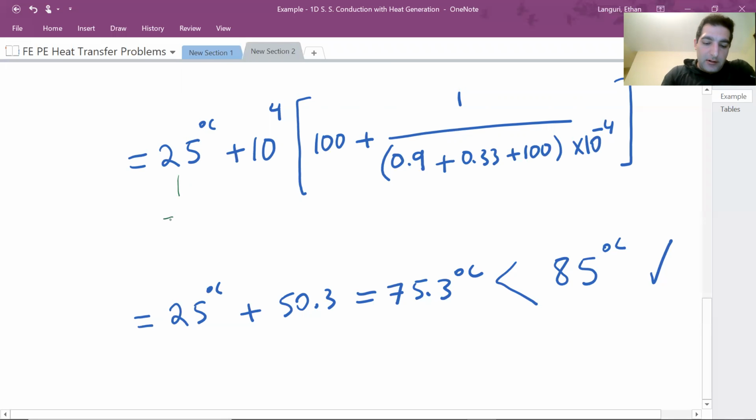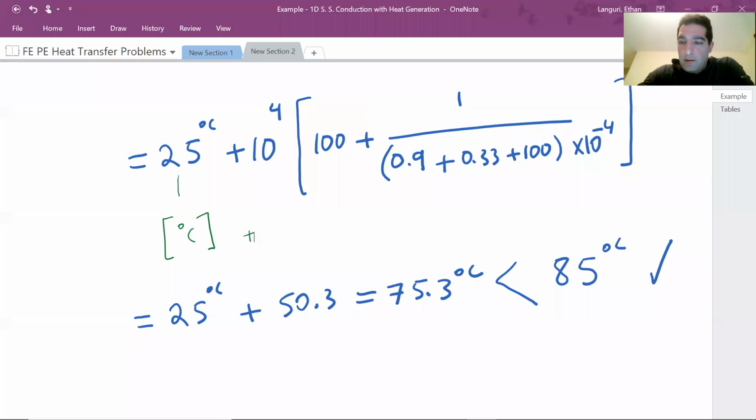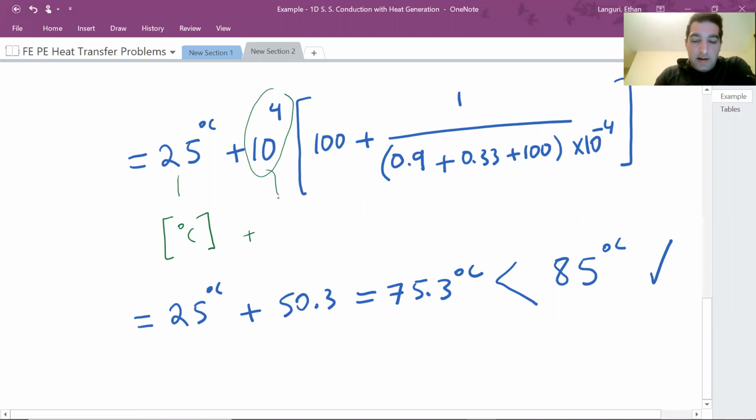By the way, we can do a double check on the unit. What is the unit of this term? C. What is the unit of this term? Well, the unit of 10 to the 4, because that's the power, right, is watt per meter square. And the unit of this bracket, which is the summation of resistances we have, is meter square Kelvin over watt.